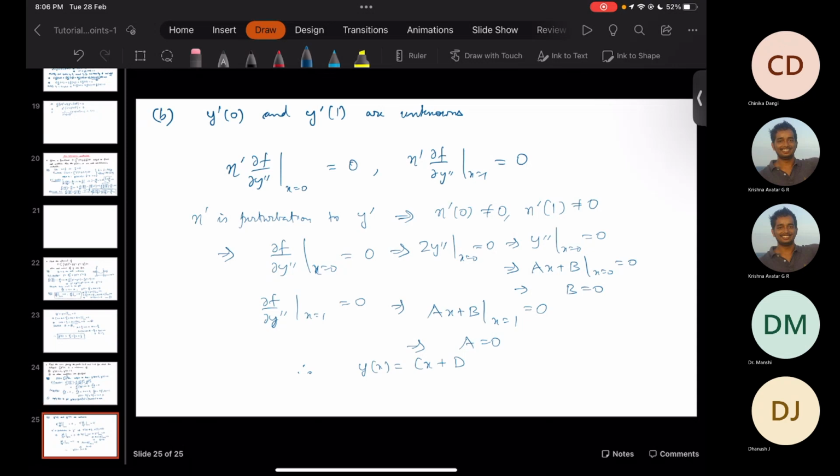However, to determine cx plus d, we require y of 0 is equal to 0. So this implies that d is equal to 0, right? And y of 1 is equal to 0 implies that c is also 0. So effectively y of x is equal to 0 throughout. So this is our solution.